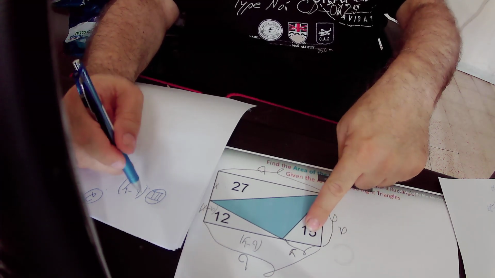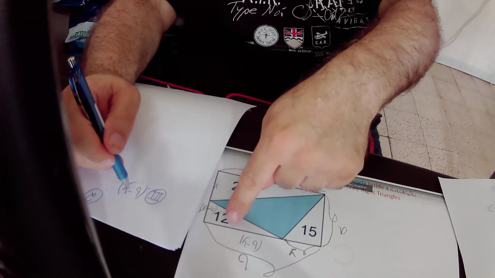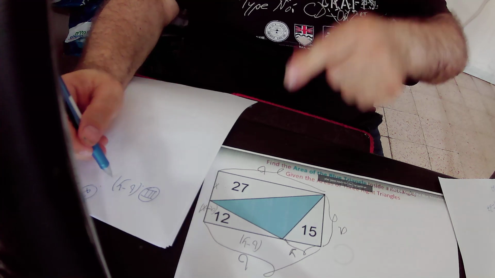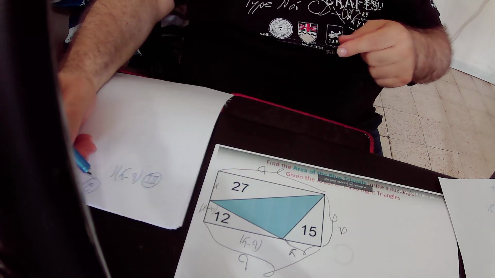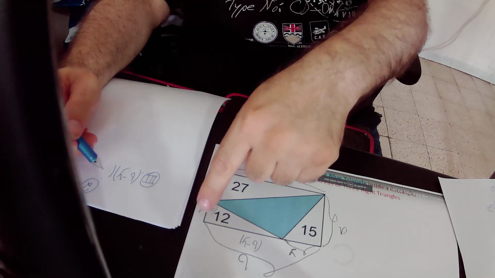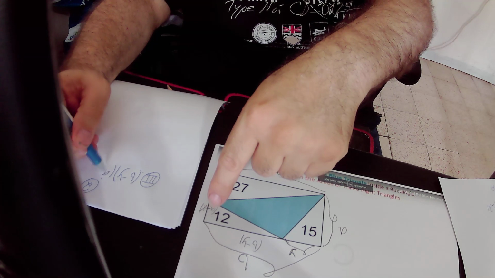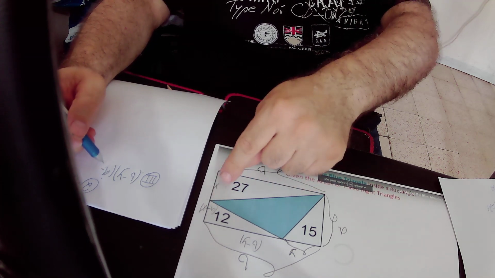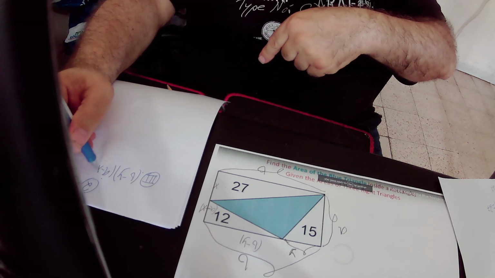So it is b minus y is the base of this triangle, whose area is 12 units, times the height of this triangle. The height is actually the width of the rectangle, that is a, minus the height of this triangle, that is x. So it is a minus x.